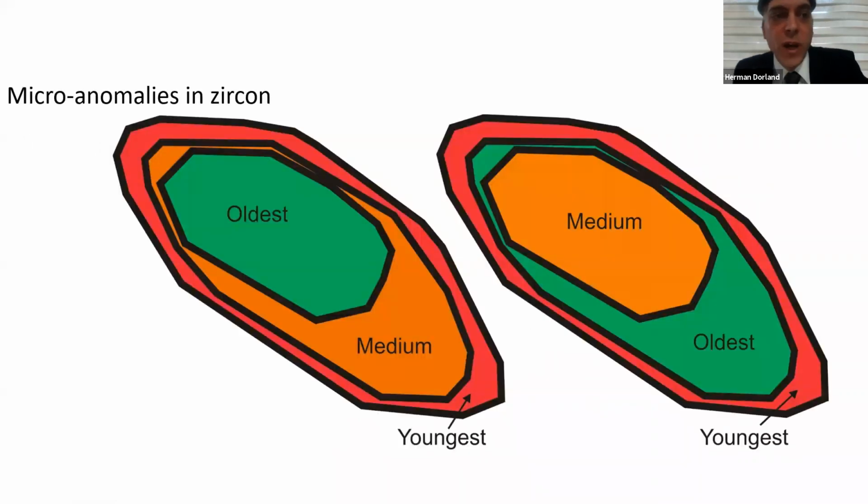Also, we find micro anomalies or micro discrepancies in zircon. When we look at the zircon grain with core and rim, we would expect that the core formed first and would be the oldest material, and then the rims would be consecutively younger. But I found zircons where the core is younger than the rim. So we expect it's older, it's actually younger.